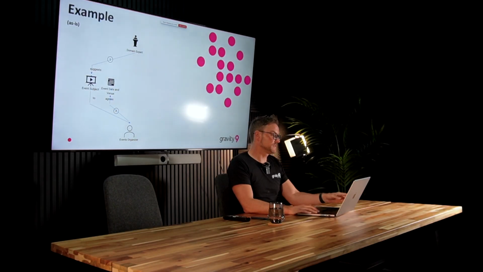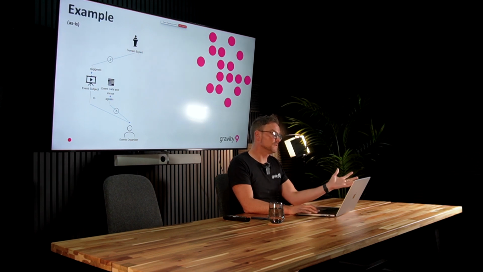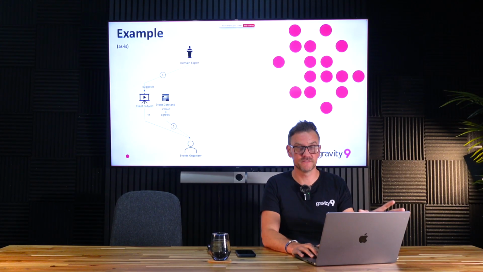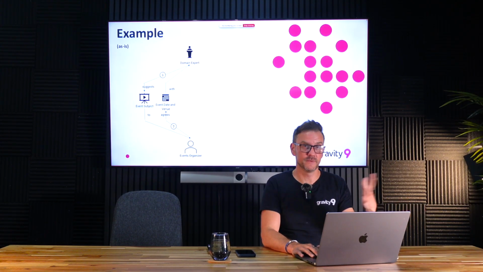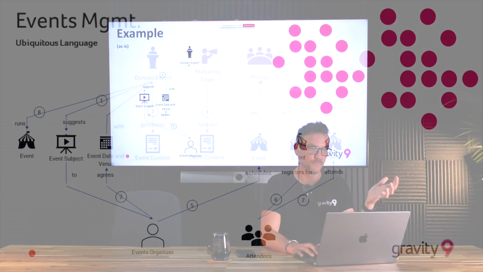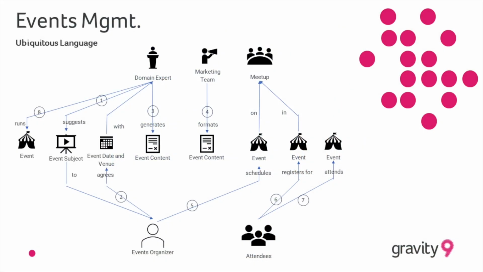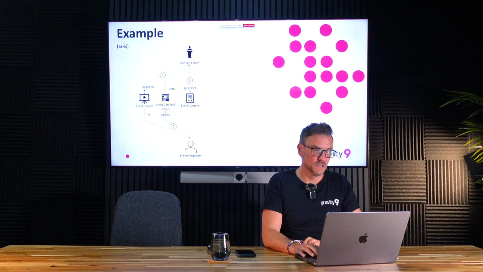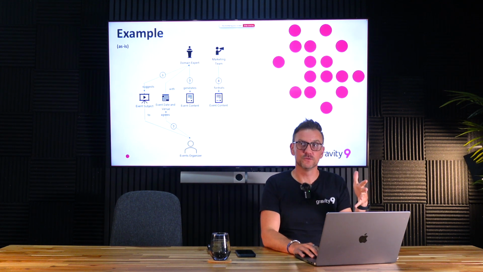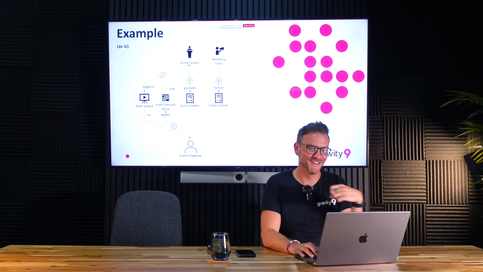So the second thing that happens is that the events organizer will then agree an event date and a venue with the domain expert. The domain expert will then generate some event content that they'll be presenting at the event. And then next, the marketing team will probably get involved and format the site.